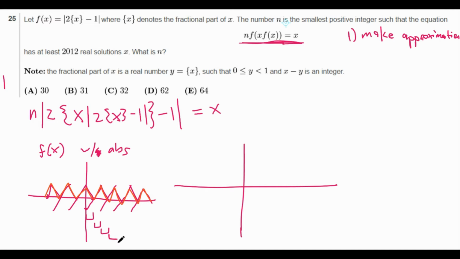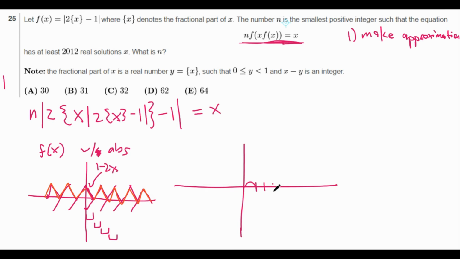Instead of multiplying this entire thing by x, we can multiply each of these sub-intervals, which only consist of a line, by x, and that makes it easier to graph. In this first subinterval, the equation is 1 minus 2x. If we multiply by x, we get something like this.